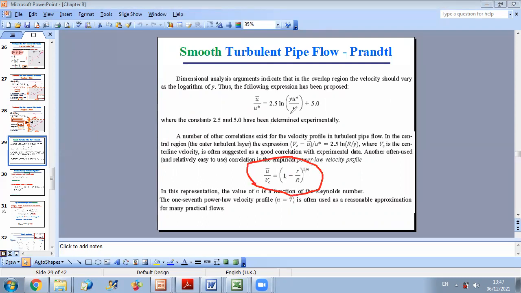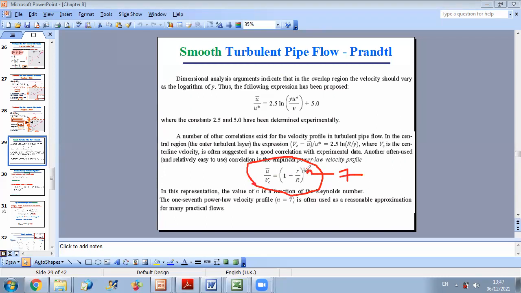It was in one of the review problems, for a turbulent flow in a circular duct. The velocity profile was U average over VC, where VC is the center line velocity, which is the maximum velocity, equal to 1 minus R over R to the power 1 over N. And N was equal to 7.